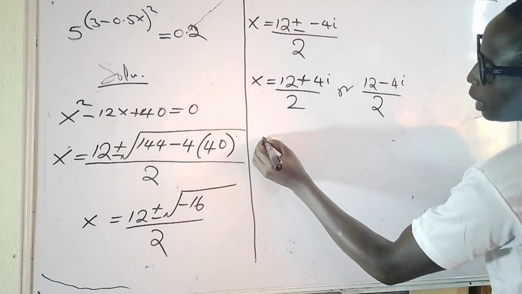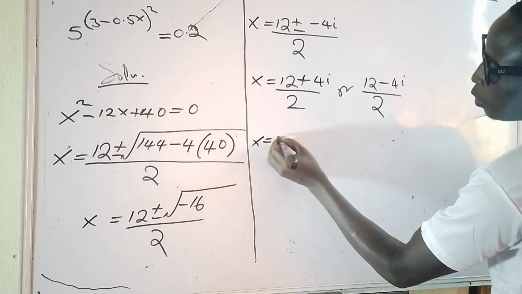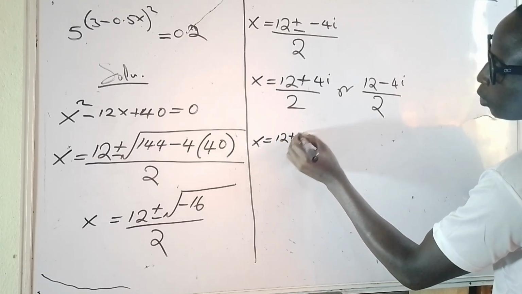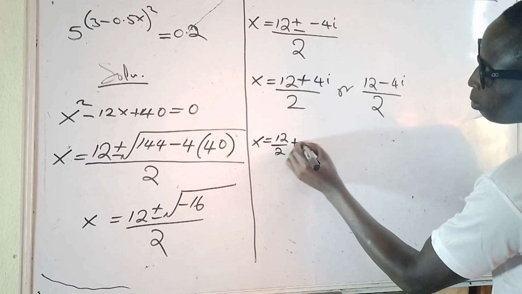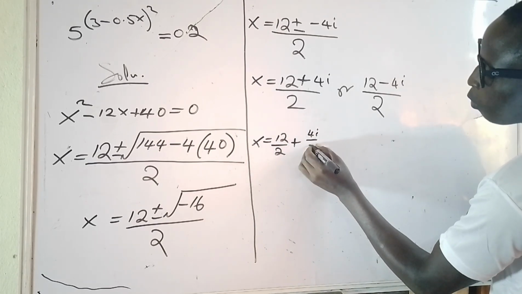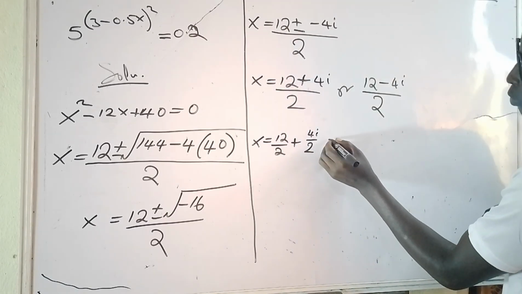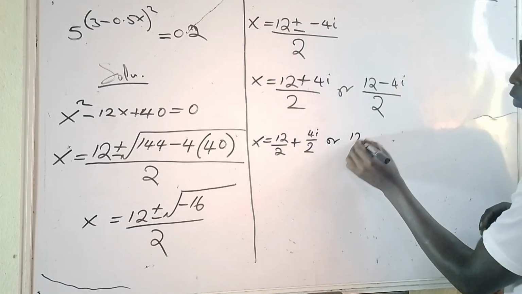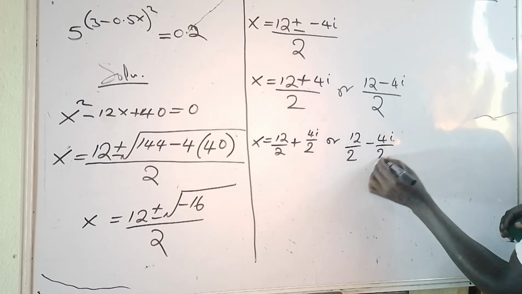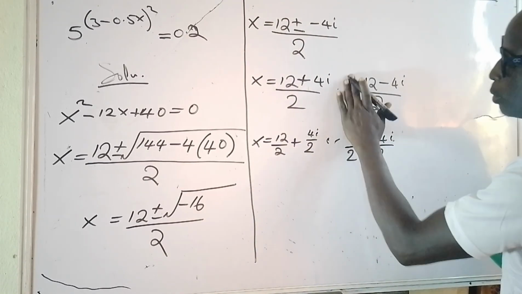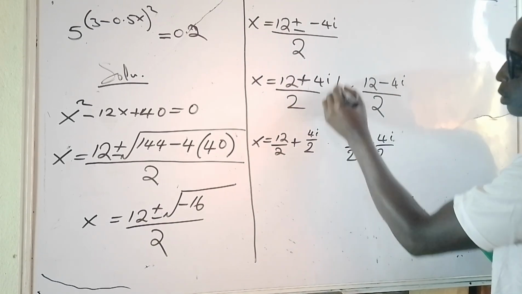And we know that we can write this as x is now equal to 12 over 2 plus 4i over 2, or 12 over 2 minus 4i over 2. So let me use a line to divide it.